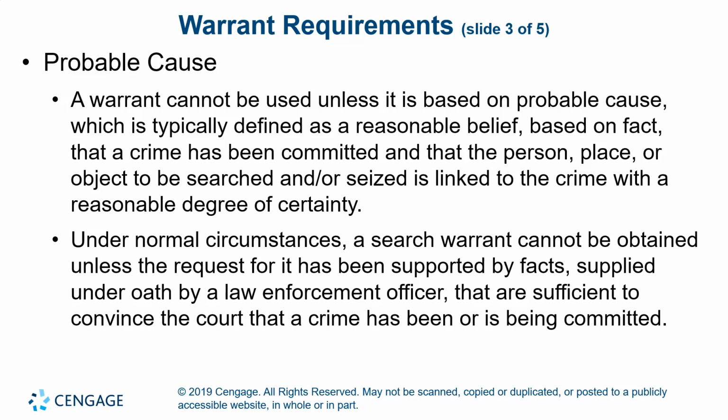And if the judge believes that the information is sufficient, and it establishes probable cause to conduct the search, then he or she will issue the warrant. And note that although the suspect is not present when the warrant is issued and therefore cannot contest its issuance, he can later challenge the validity of the warrant at trial.